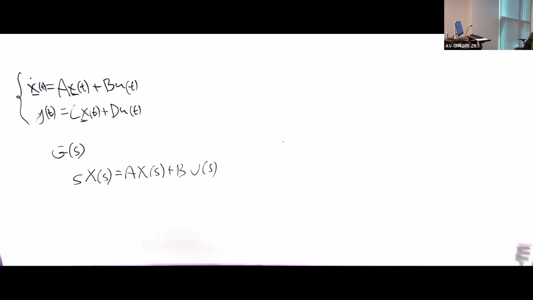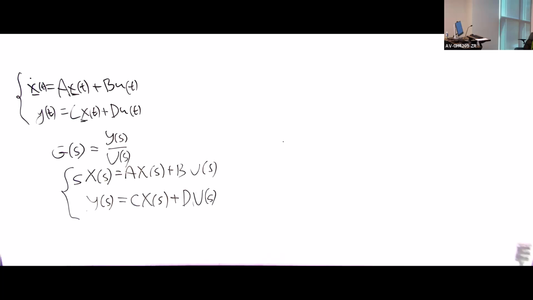Same thing with y: Y of s equals C X of s plus D U of s. I just did the Laplace transform on both of these equations in matrix form. Now what I need to find, by definition, is Y of s divided by U of s.